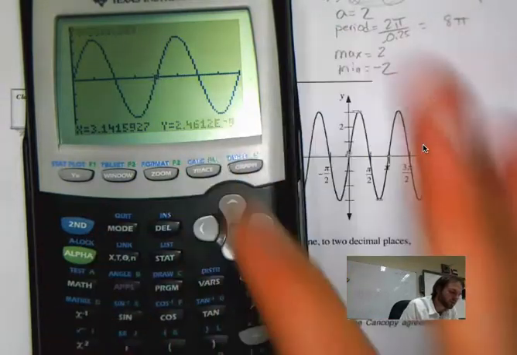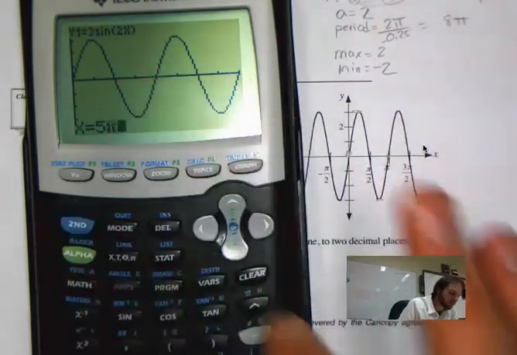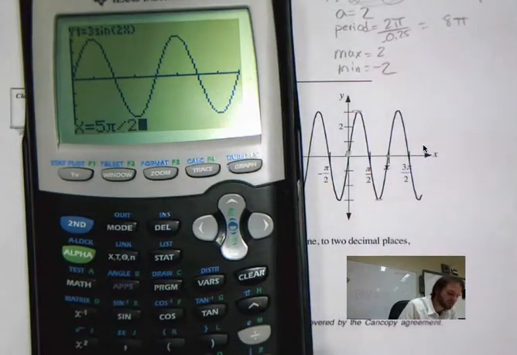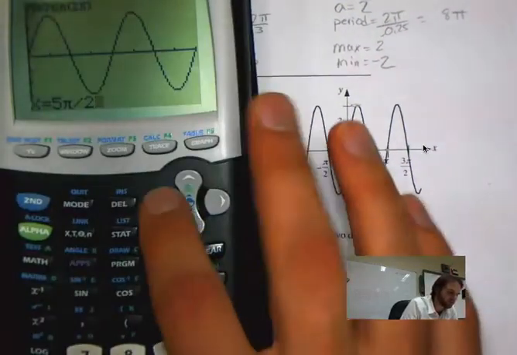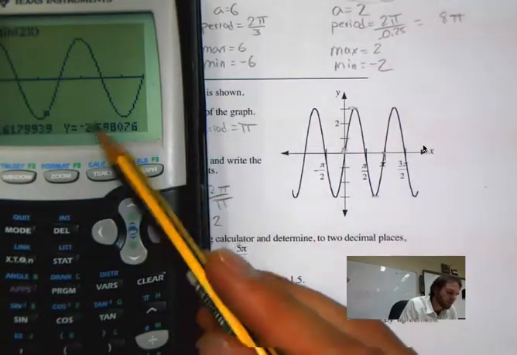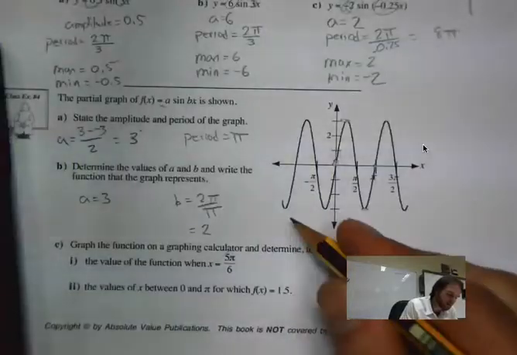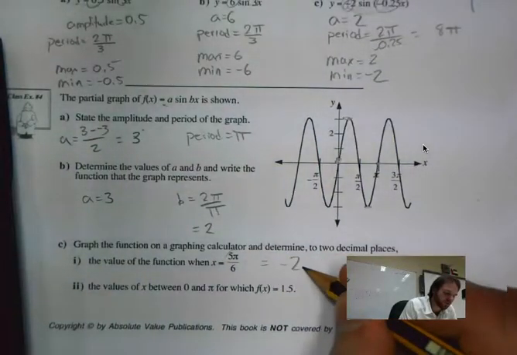So I'm going to trace, and I'm going to put 5 pi divided by 6. And I'm going to end up getting y is equal to negative 2.6. Okay? So we get y is equal to negative 2.6.